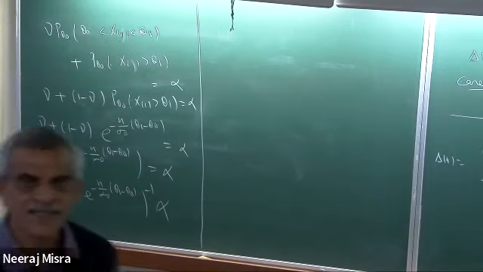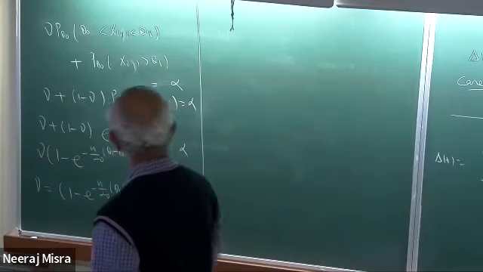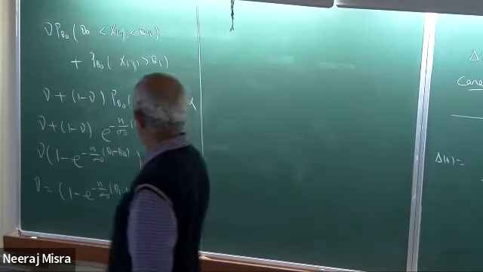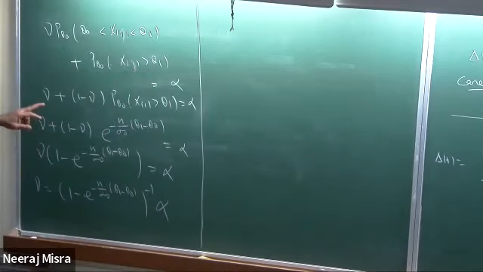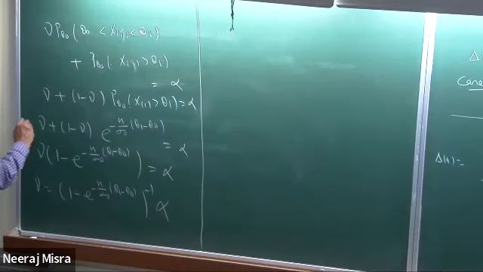Over there? No, this step or this step? Below this? This one? Second last, okay. That would be 1 minus alpha, right? That is what you know. This step is okay, right?